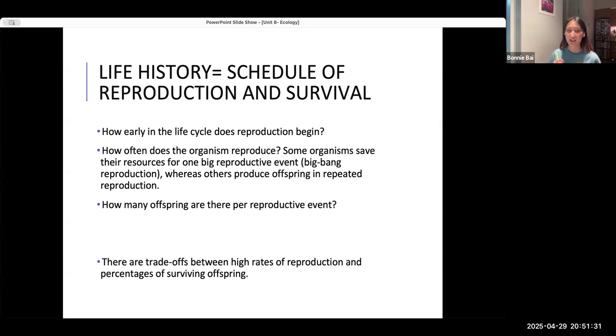And this bottom bullet point is an explanation that it's always a trade-off. Energy is always limited. There's never enough energy. You can't survive without energy, so you have to go and get that energy, and you spend energy to get that food source as well. So being able to use energy in a smart way for survival is really important.